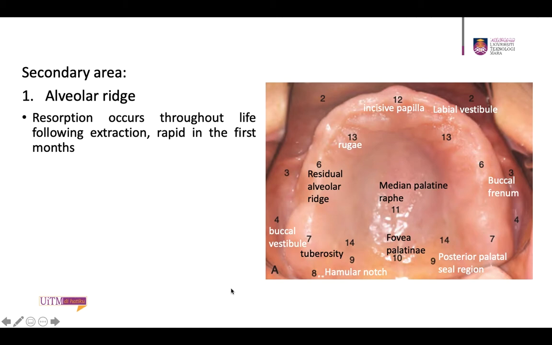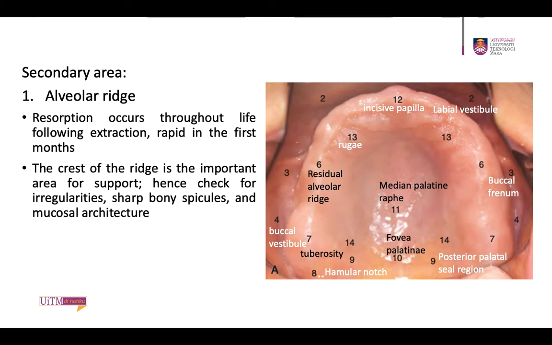So for the alveolar ridge, resorption can occur throughout life following extraction, and it can be rapid in the first few months. The crest of the ridge is the important area for support. Hence, you have to check for any irregularity, any sharp bony spicules, and the mucosal architecture.